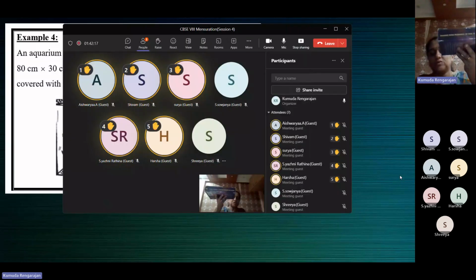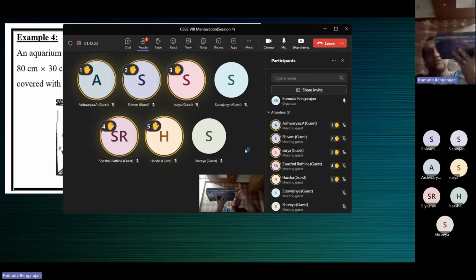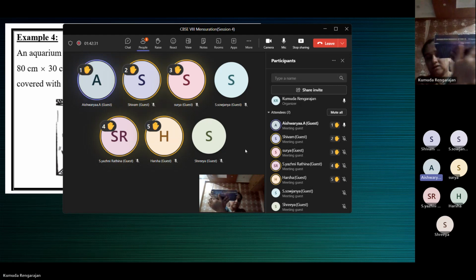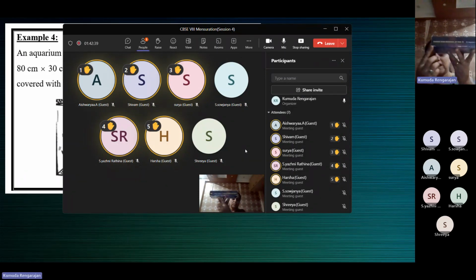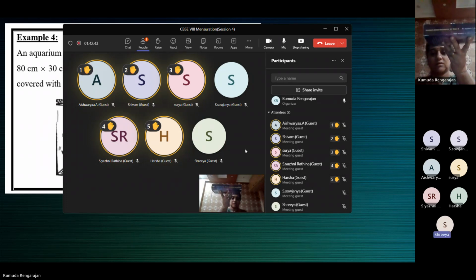Now tell me the dimensions of the front face using L, B and H. What is this for the cuboid? This one is what for the cuboid? L, B or H? L, length. What is this for the cuboid? This one.